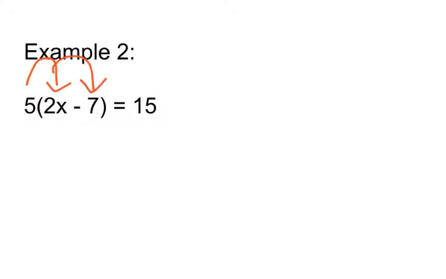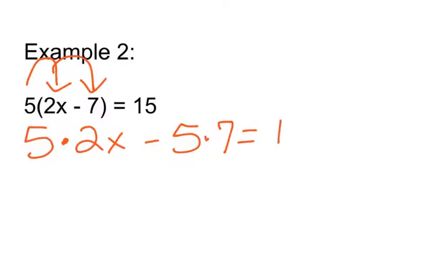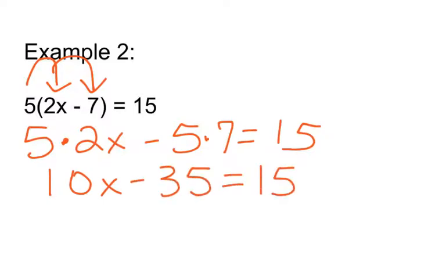And so we're going to distribute the 5. I'm distributing it as a factor multiplication. So we have 5 times 2x is 10x, and 5 times 7 is 35. So once we've done that, we've distributed it. Remember, we have two sides.